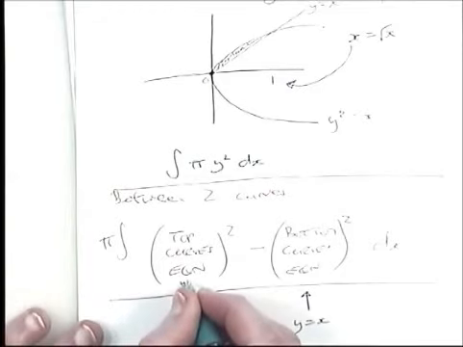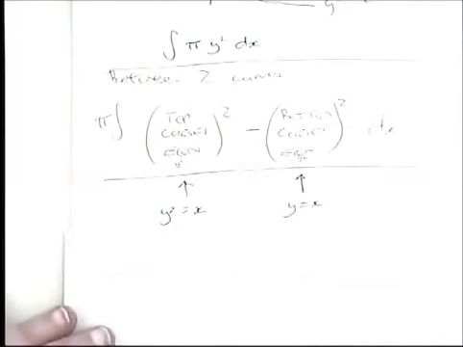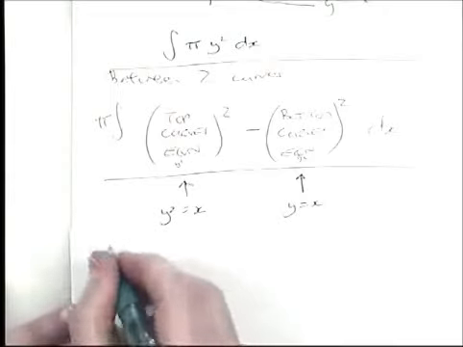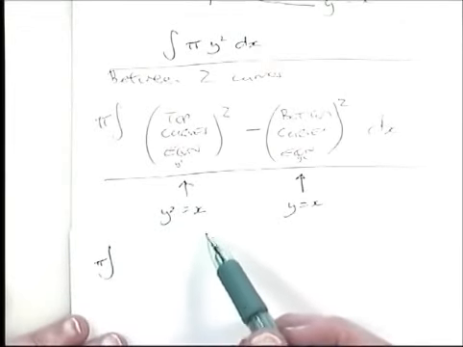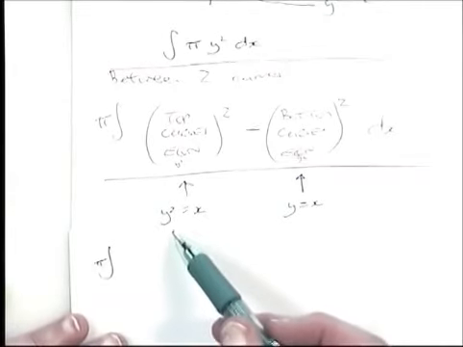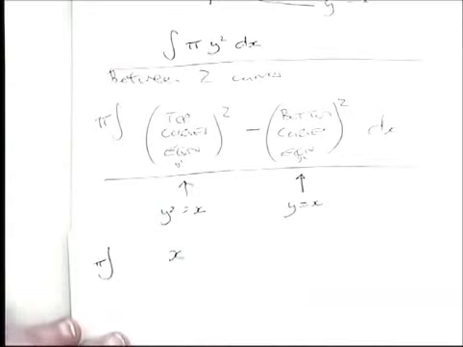It's still y squared effectively in there. So the top curve's equation is y squared equals x. So silly question, but what is y squared equal to? X. Yeah, that is y squared for the top equation.